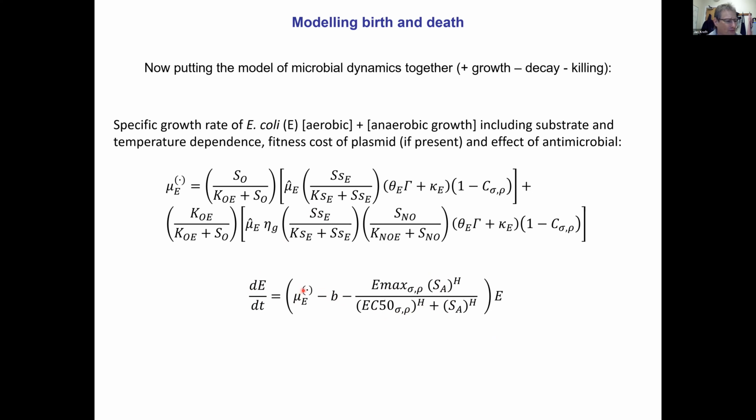And the growth term looks like this. We have a dependence on substrate concentration, like this is Monod kinetics. You have seen this before. Here it's a lot more complicated because we are also considering the dependence on temperature, which is this term here, and the fitness cost of carrying the resistance gene, which is this term here.